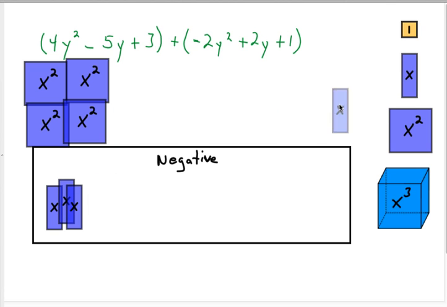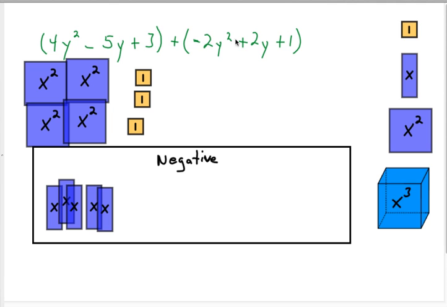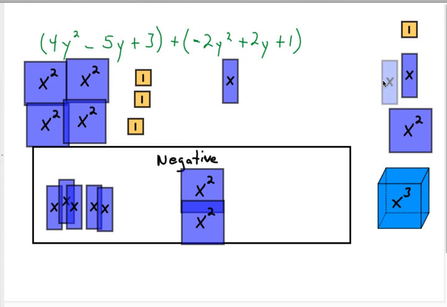So we have 5 of these that are negative, and then plus 3. And then we have negative 2y squared. So those are going to go in the negative area. And then plus 2y, so that's positive. So those are going to go up here.